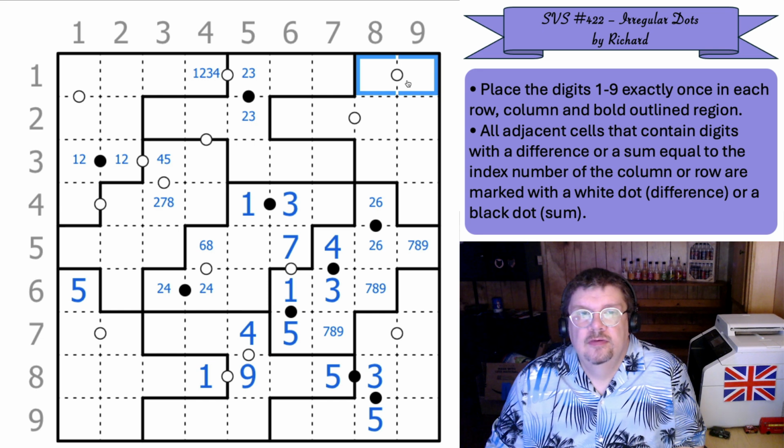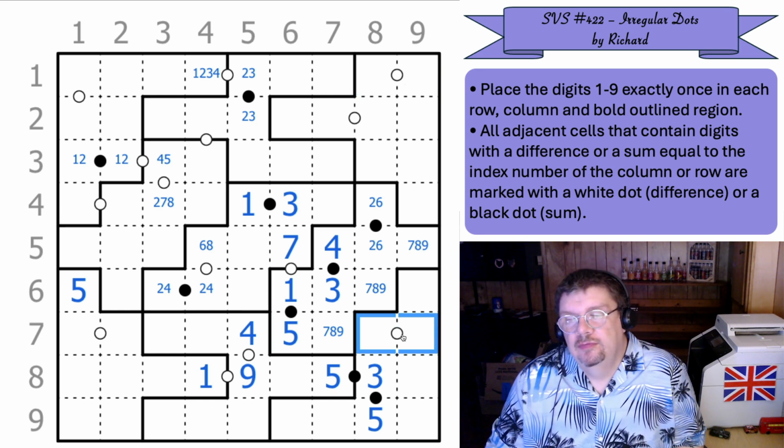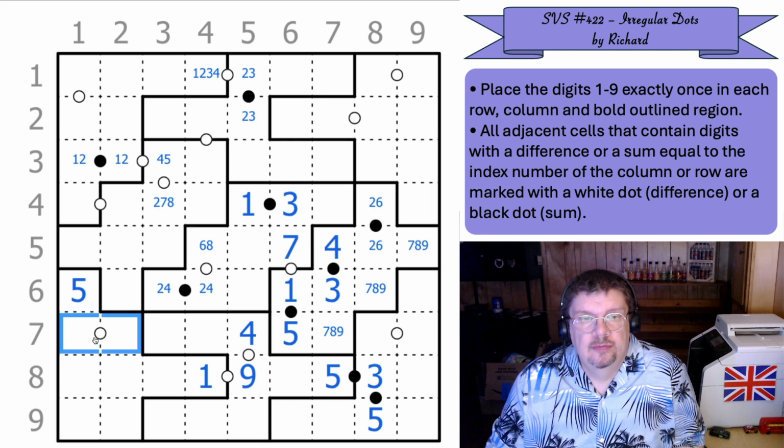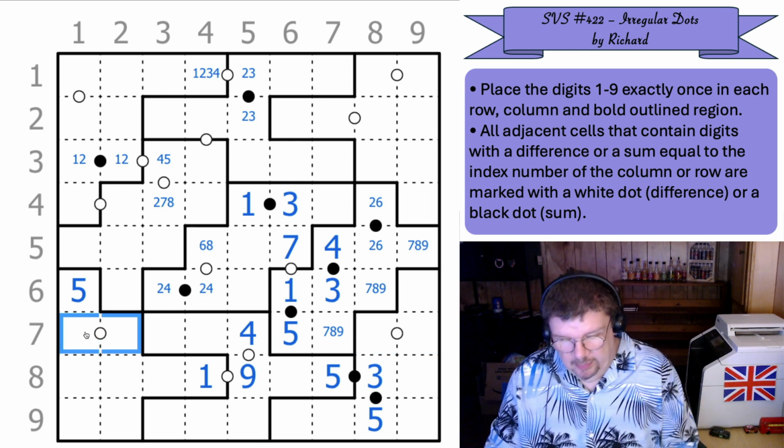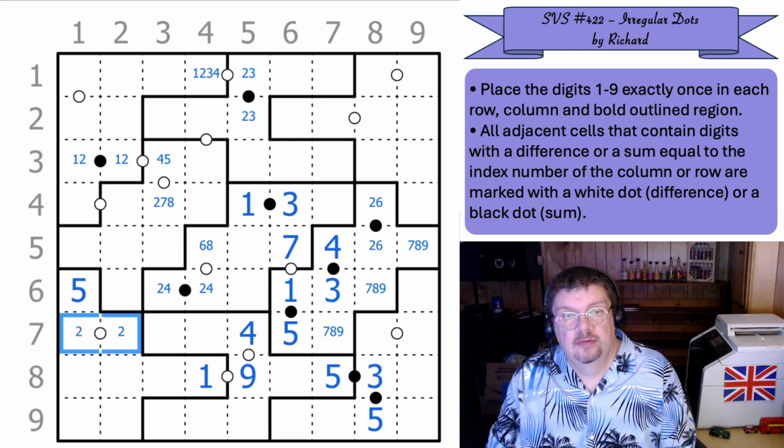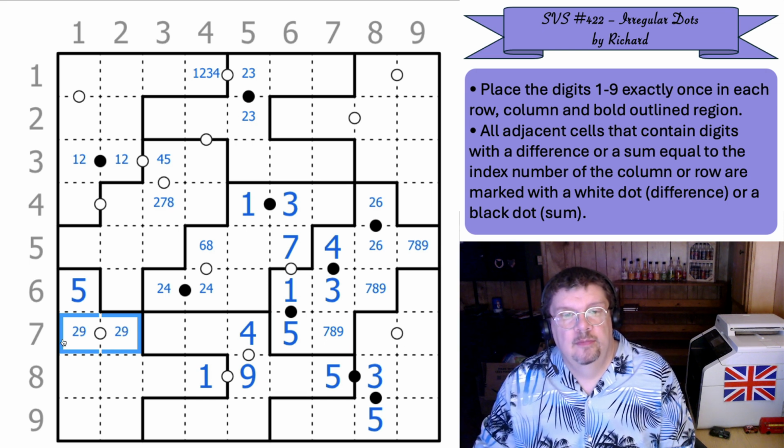They're consecutive digits. So difference of 7 is going to be 1, 8, or 2, 7. But I've got 2 lots of those. This one in the region tells me that it is 1, 8, or 2, 9. That must be the 2, 9 set. This must be the 1, 8 set.